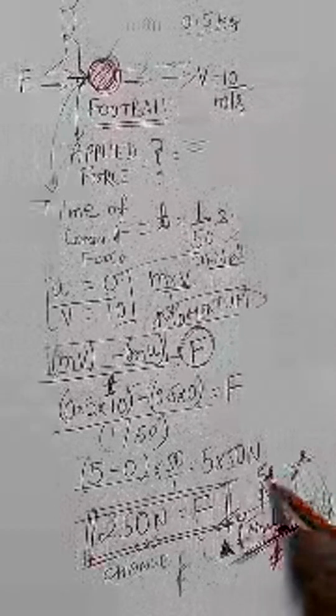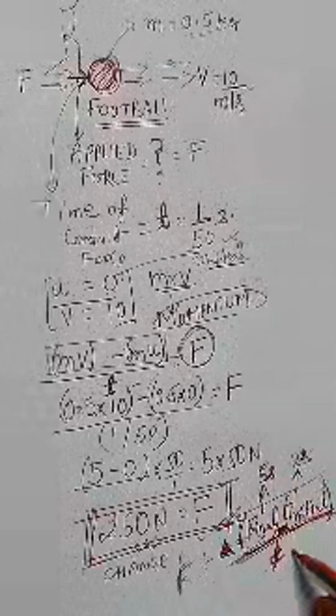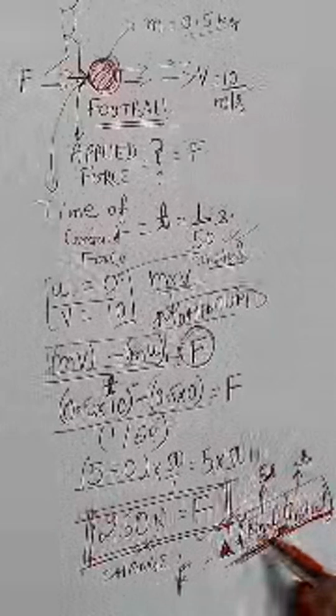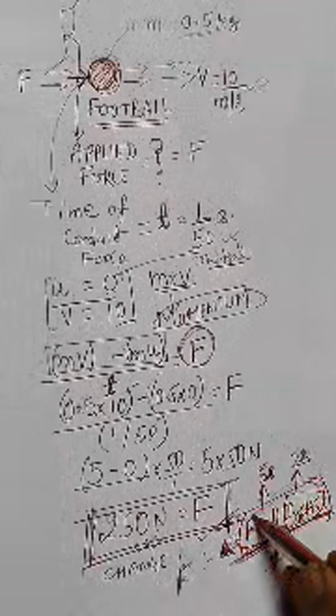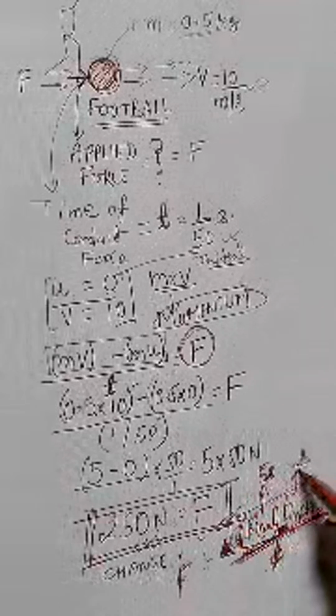Then 5 minus 2 is the change in time, and this comes into the denominator. Then you will say rate of change of momentum: final momentum minus initial momentum divided by 5 minus 2.